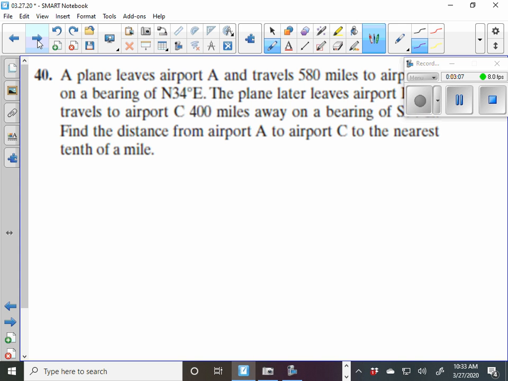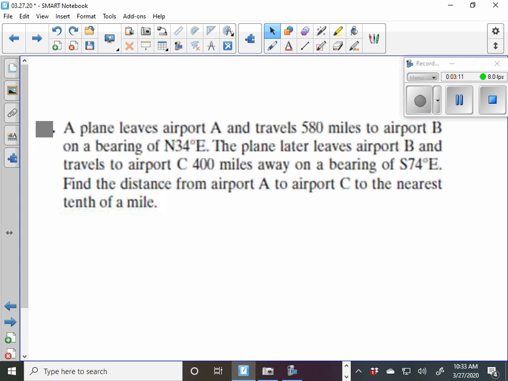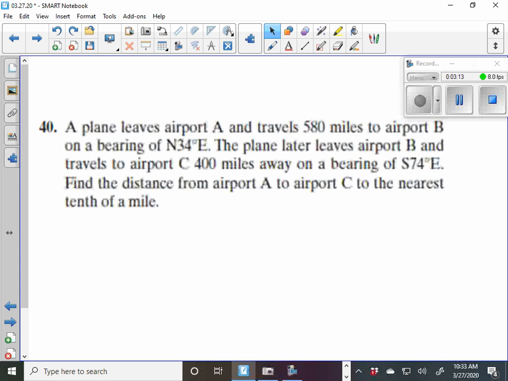An airplane leaves an airport, travels 580 miles to airport B on a bearing of north 34 degrees east. The plane later leaves airport B and travels to airport C 400 miles away at a bearing of south 74 degrees east.